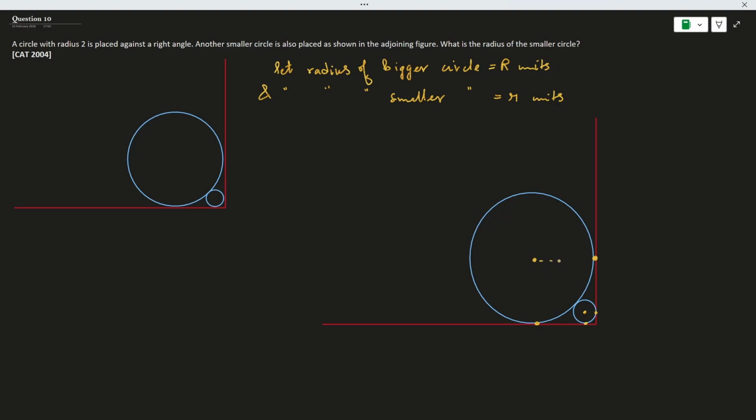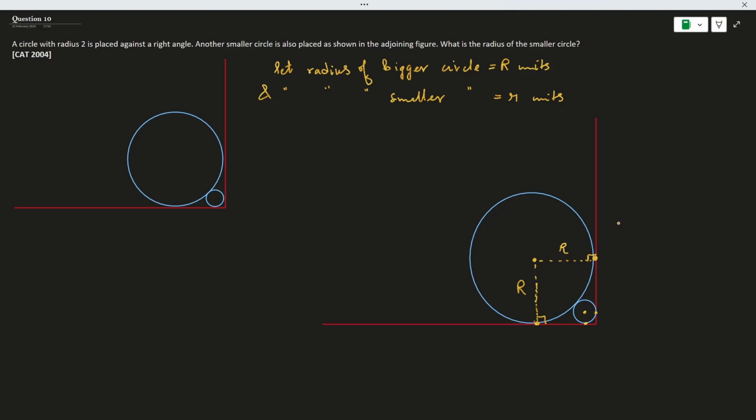So this will be capital R. Similarly, this will be capital R. So this is also R. Why 90 degree? Because it is touching it. Radius is perpendicular to the tangent at the point of contact.